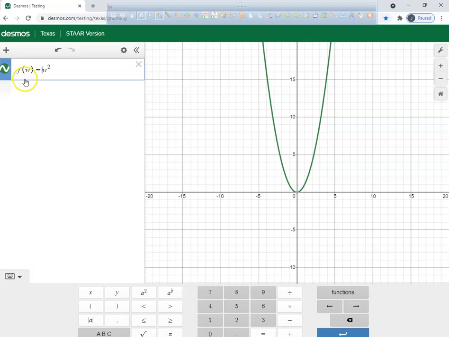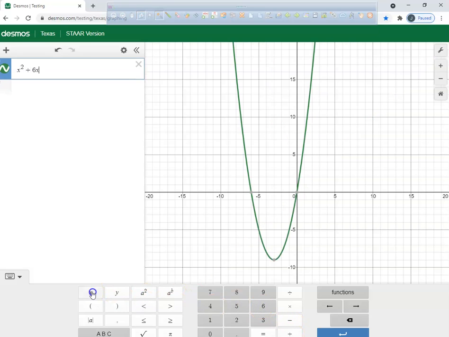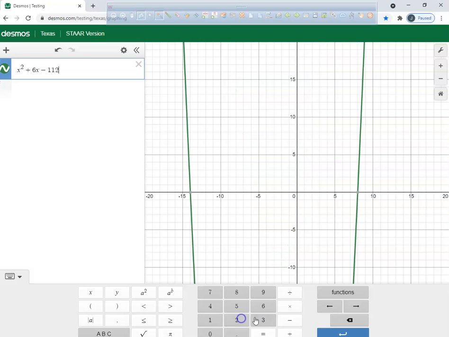If I made it function notation, f of W, it would work. But probably the easiest thing for you guys to do is just change it from W to x. So x squared plus 6x minus 112. Notice, if I put an equal sign, look what happens. It disappears. So don't put an equal sign.